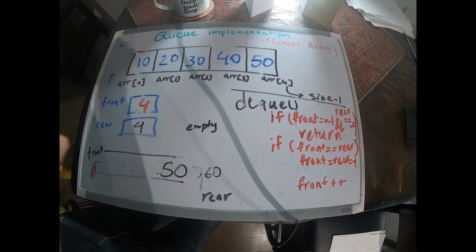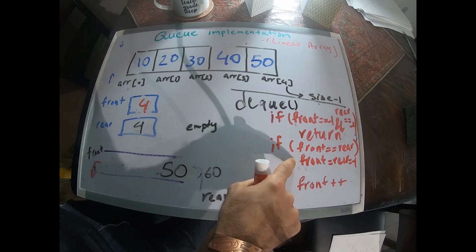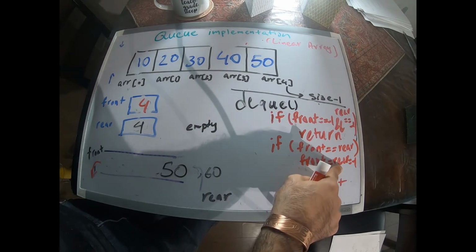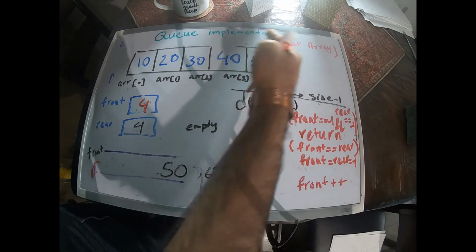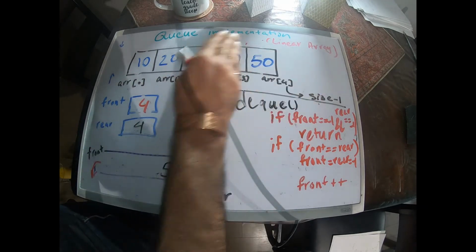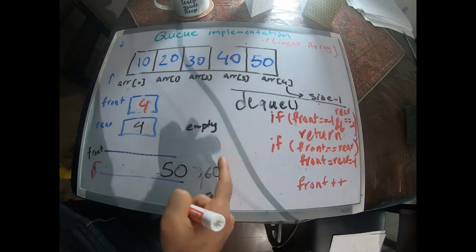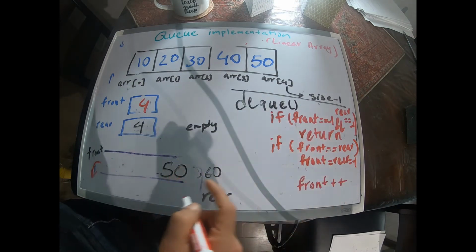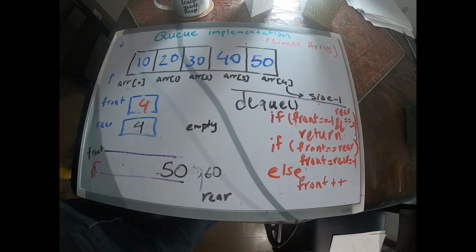If this condition is true, this is the only time that we have to change the rear. We also have to reset front to -1. We can't increment it anymore. We don't want front to become 5, because it's going to be out of bound. So if front is equal to rear, make both of them equal to -1, else do front plus plus.